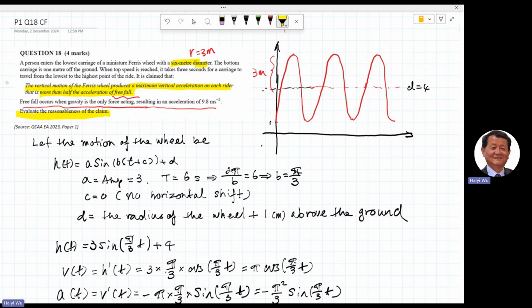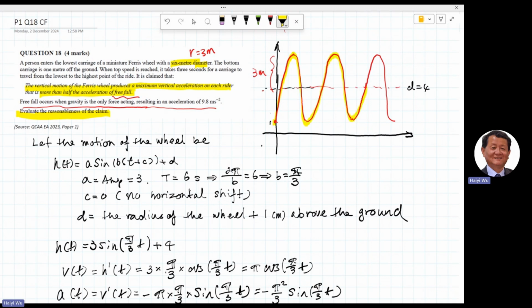All right, let's analyze this question. The motion is periodical because it's a repeated motion, up and down, up and down. So we're using a trigonometric periodic function. I'm going to start from the lowest, which is the ground, then go up to the top, then come back to the low again.